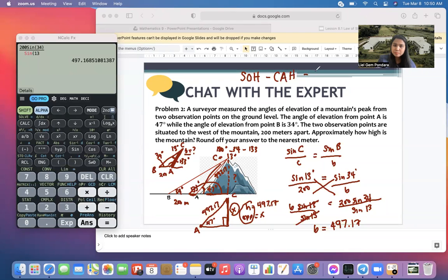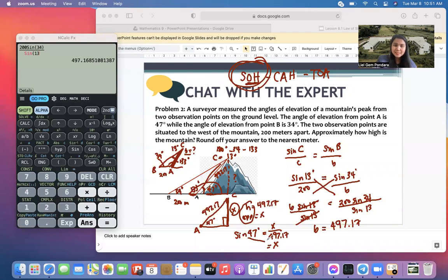Let me write SOHCAHTOA. You see, sine has both opposite and hypotenuse. So for our SOH, we'll write sine 47 equals opposite x over hypotenuse 497.17. Cross multiply them.